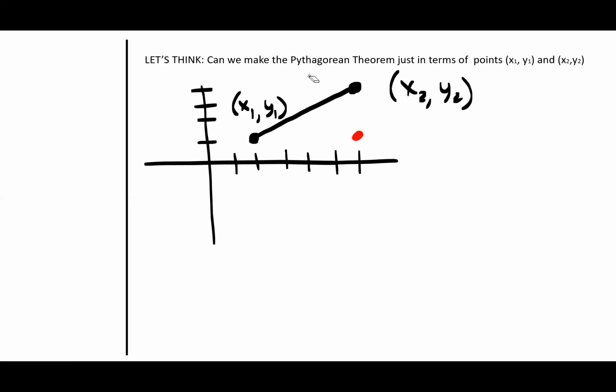Sorry, it is x2, y1. Isn't this on the same level as the other one? Don't those two share the same x value? Yes, so this is x2. And what y value does it share? y1, because it's this one right over here.